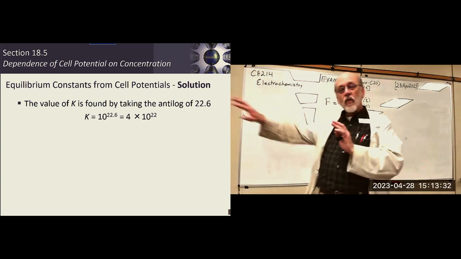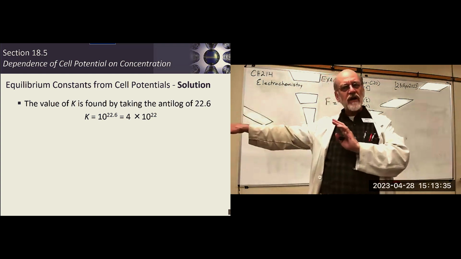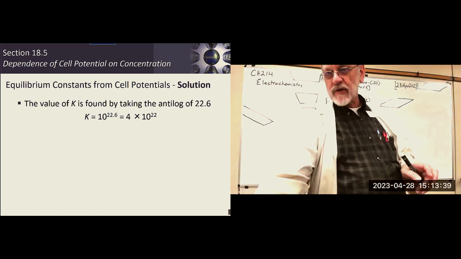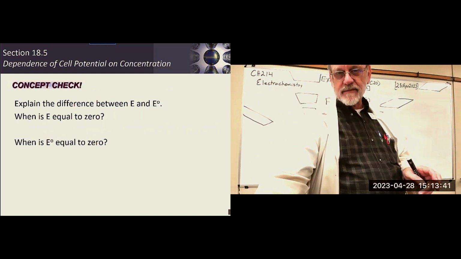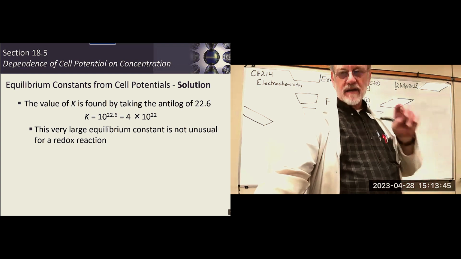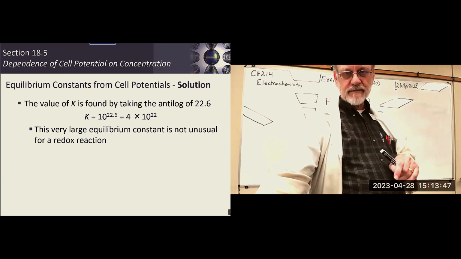That's way, way to the right, way to the product side. This is typical for electrochemical reactions. Galvanic cells typically have very, very high equilibrium constants.